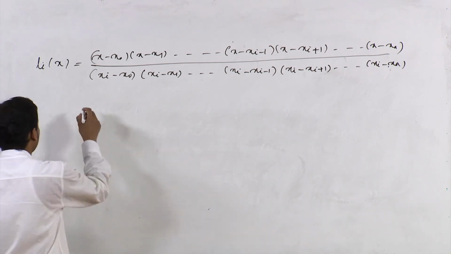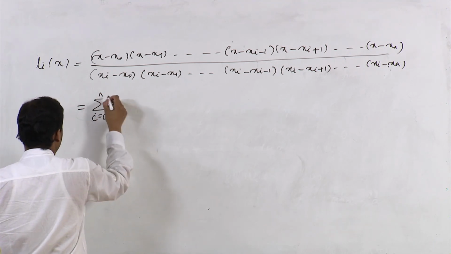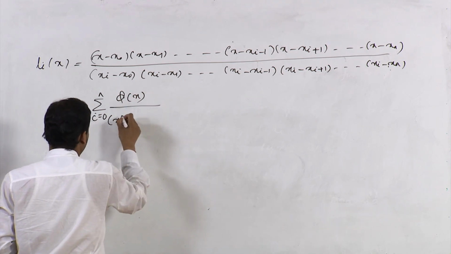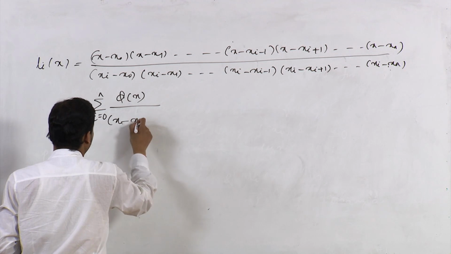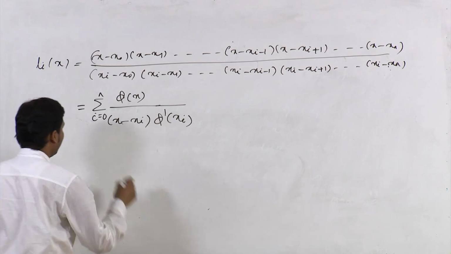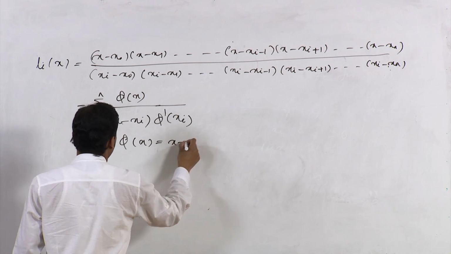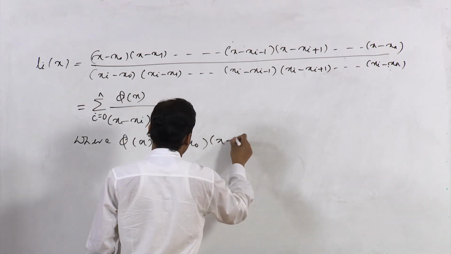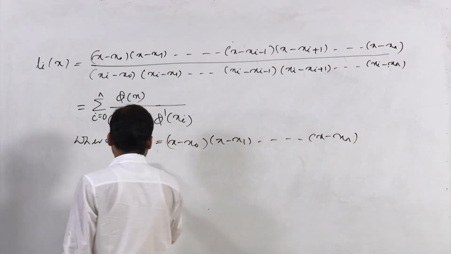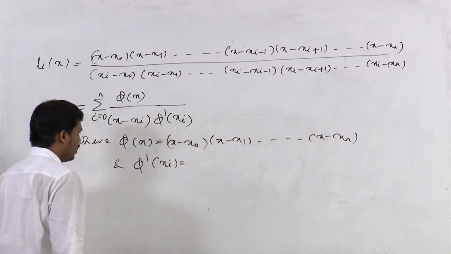can express this in the product form, represented as the product over i equals 0 to n of phi(x) divided by (x minus x_i) into phi'(x_i) here, where phi(x) can be represented in the form of (x minus x_0)(x minus x_1) to (x minus x_n) here, and phi'(x_i), especially, is called the derivative of phi(x).